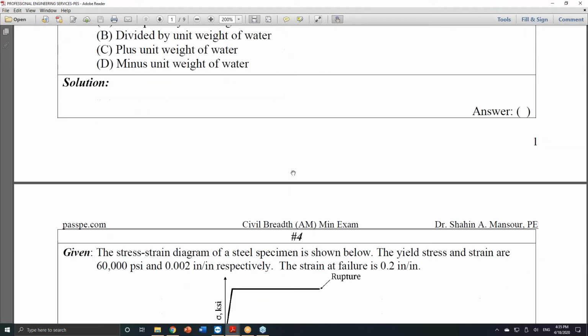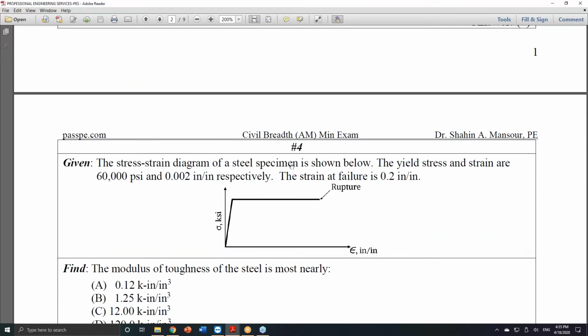Some problems related to materials. And materials, as all of you know, is based on the NCEES. It does have a lot of questions, and let me get my book here, show you what I have in my book.